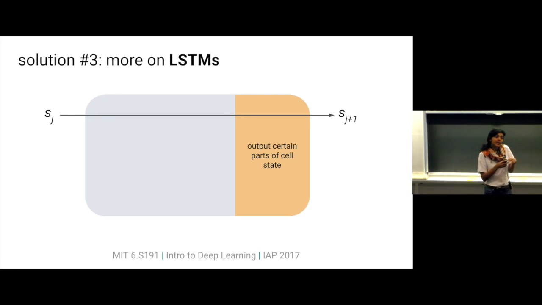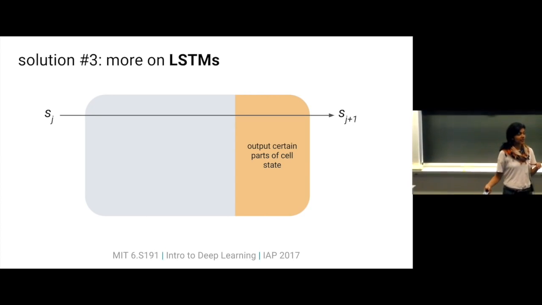So there might be certain things that I want to keep in the cell state that are not relevant to the output at this time. So say I have the word France in my cell state. I might want to keep it there, but not output it, because it won't be relevant to this current word that I'm predicting, but it will be relevant at some future time. In this way, I'm able to hold on to things without them contributing to the loss at that time step.